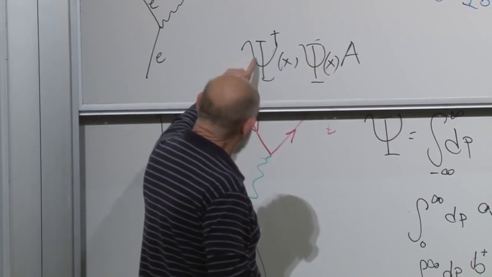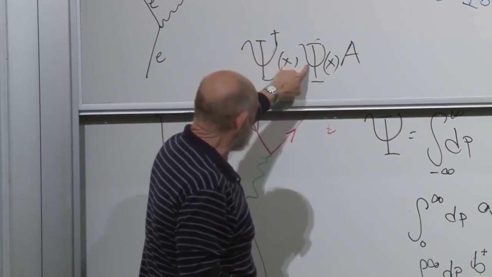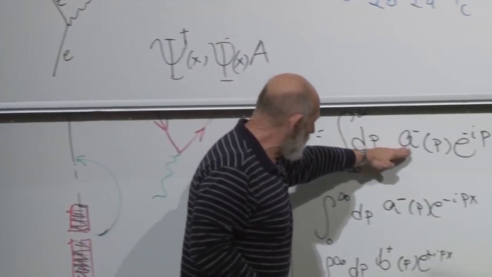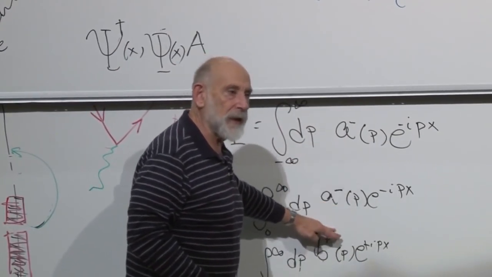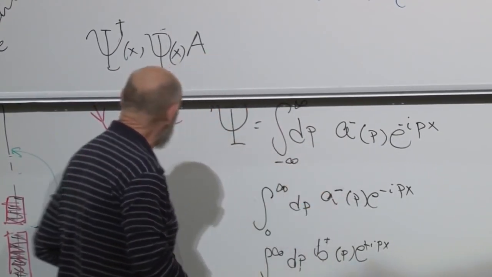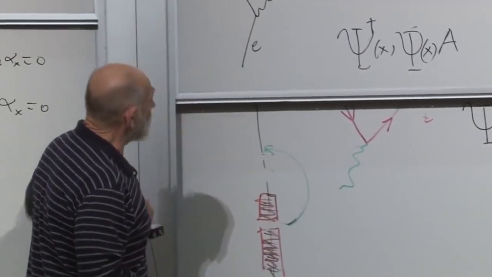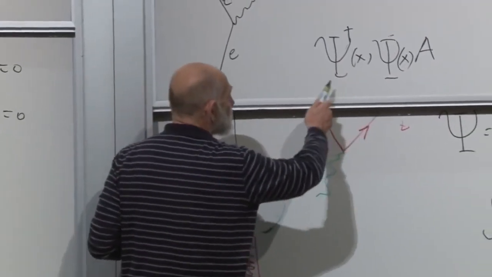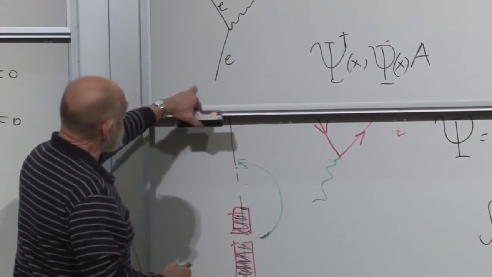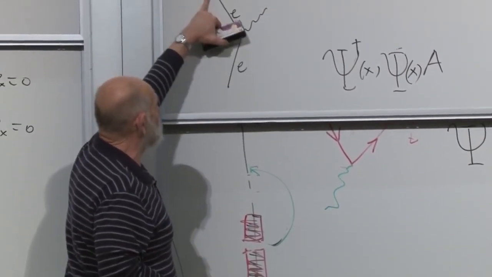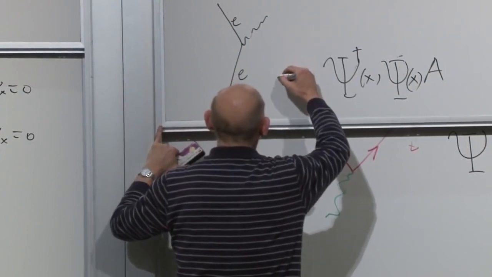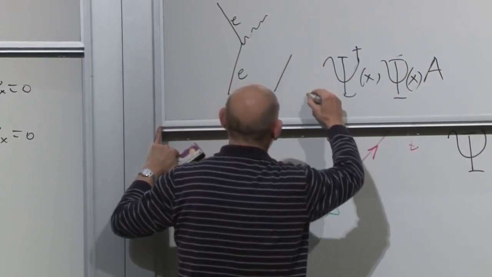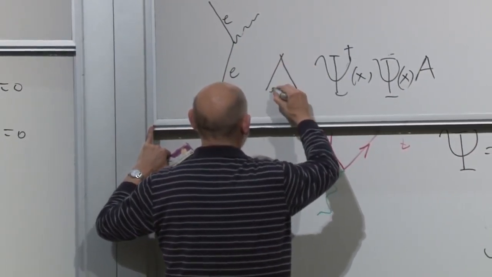But now if you put in the fact that the operators here have two pieces, one with creation operators of one kind of particle and the other annihilation, and the annihilation operator is the other kind of particle, what you find out is that the same operator has contributions in it which is not an electron being an electron and becoming a photon, but in fact, for example, an electron annihilating a positron.